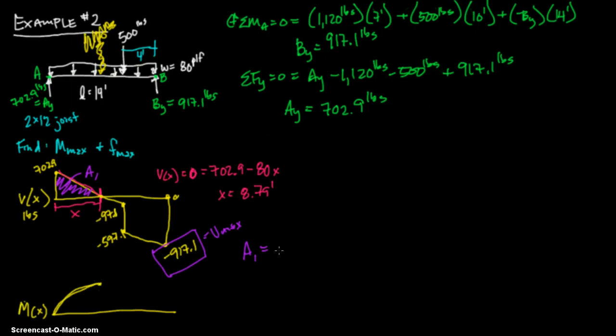So I'll go ahead and write it down. 0.5, because it's a triangle, 702.9 pounds times x feet, which is 8.79, and we get, which is also our max moment, 702.9 half 8.79, 3,089.2, let's say, and that's foot pounds.